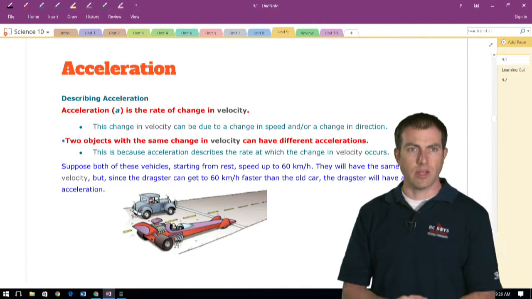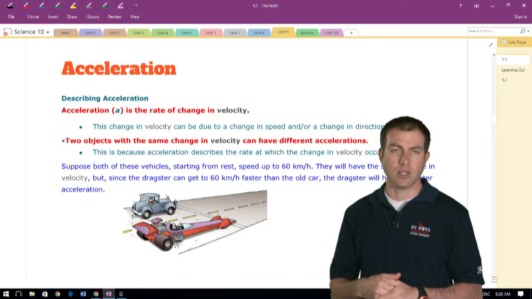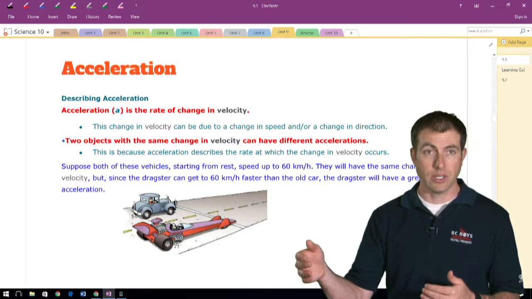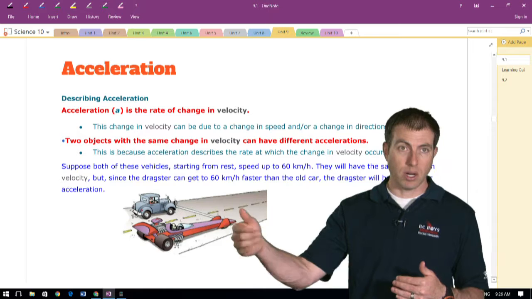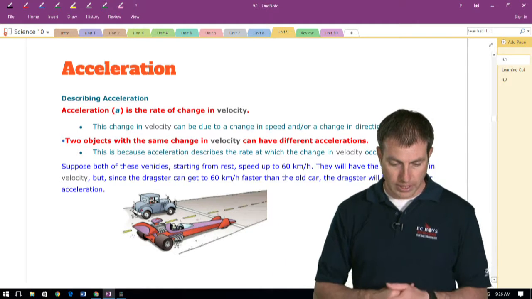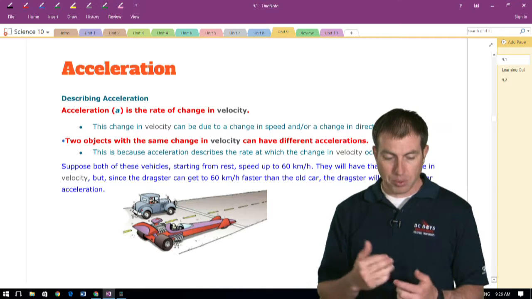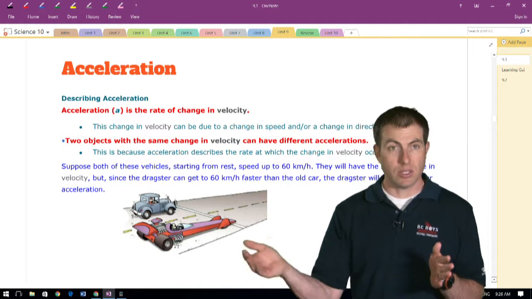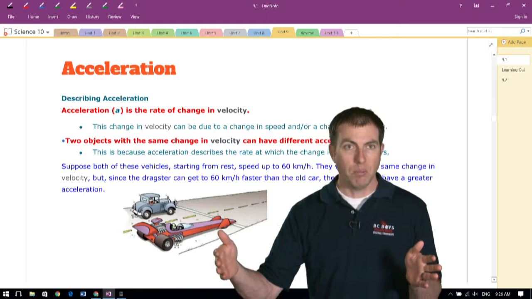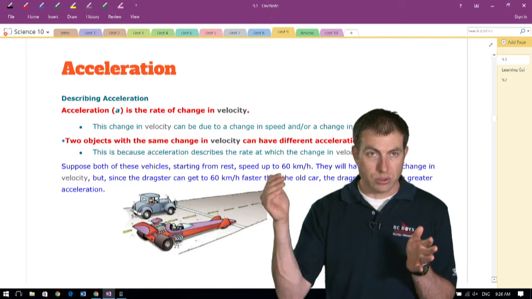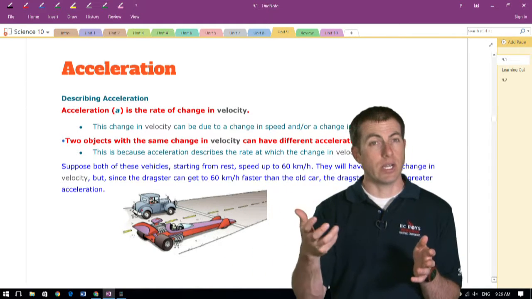Chances are the drag racing car is going to get to that 60 kilometer per hour mark a lot faster than the old car. So they're both going to change their velocity from 0 to 60. But because the drag racing car can do it so much faster, it's going to have a greater acceleration.